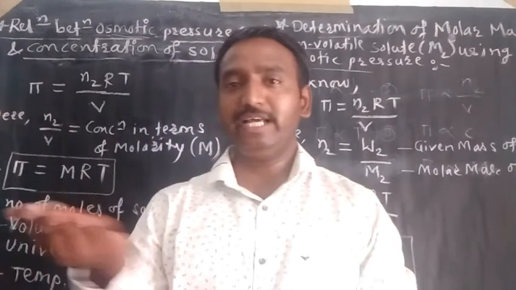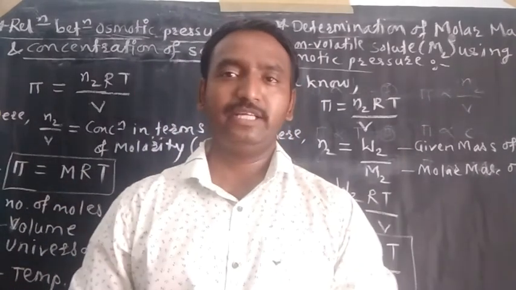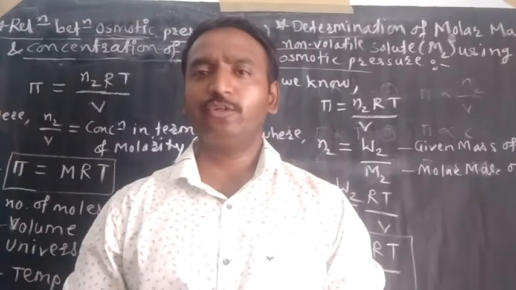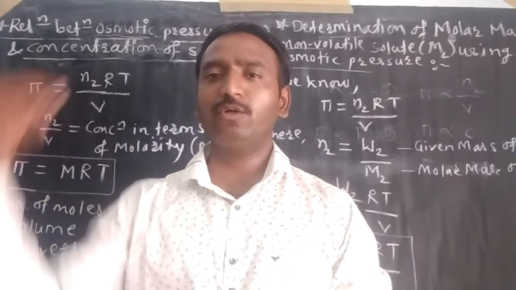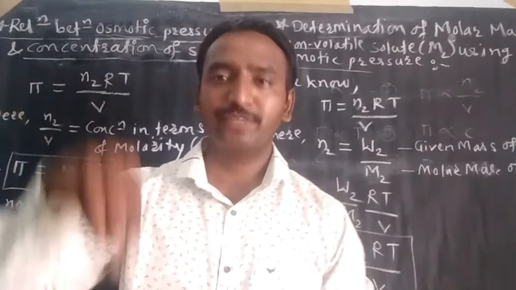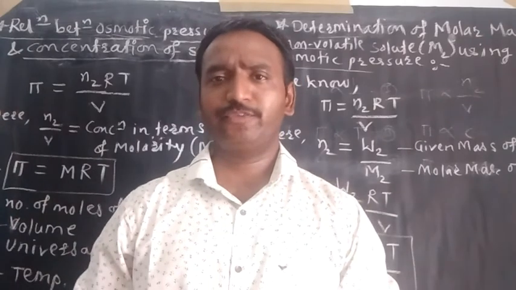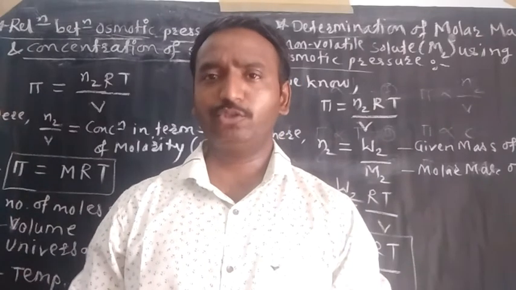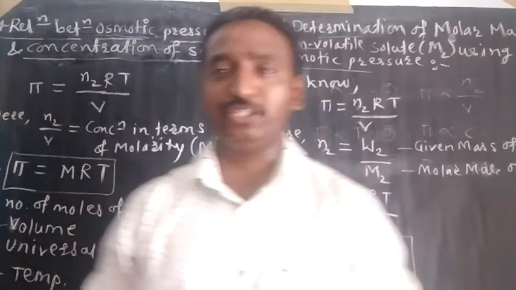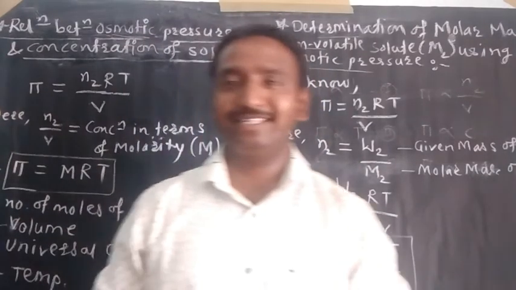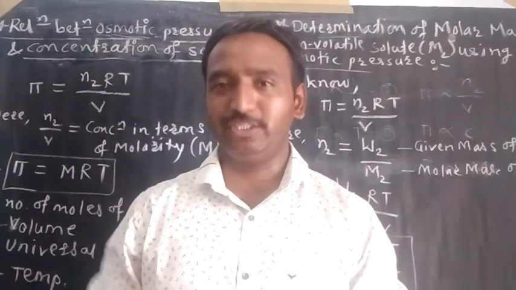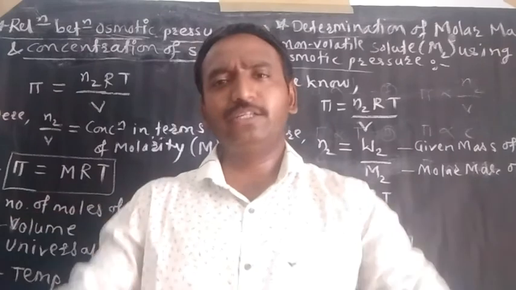So when an electrolyte is dissolved in a solvent, it gets dissociated, completely in strong electrolytes and partially in weak electrolytes.